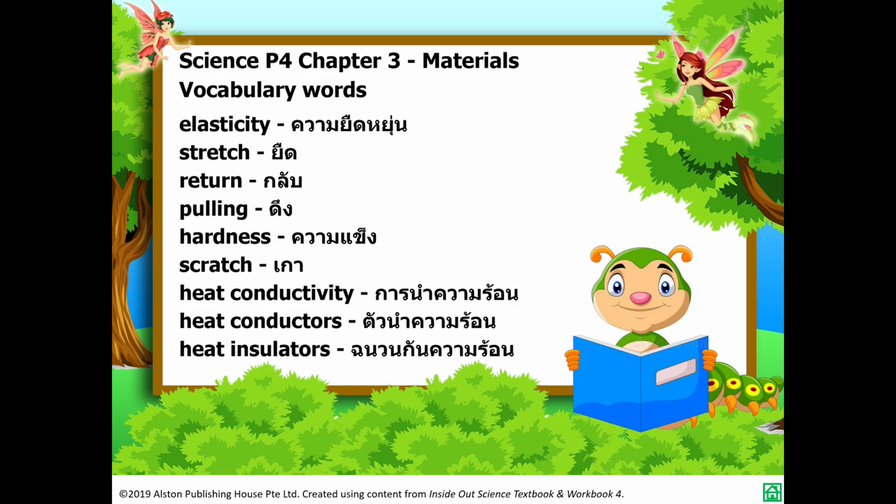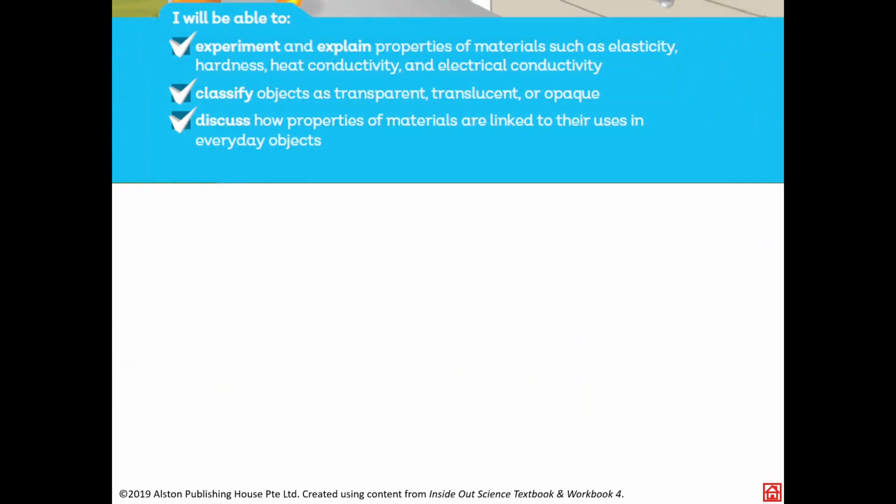These words are already translated into Thai so that it will be easy for you to refer to them as we go on with our lesson. Now please pause this video and copy these vocabulary words in your notebook. Now let's proceed to our lesson.